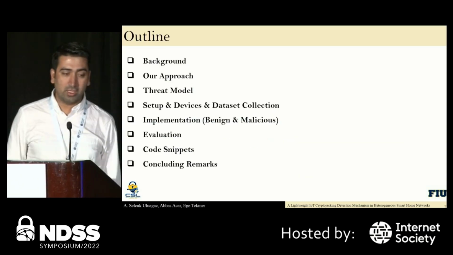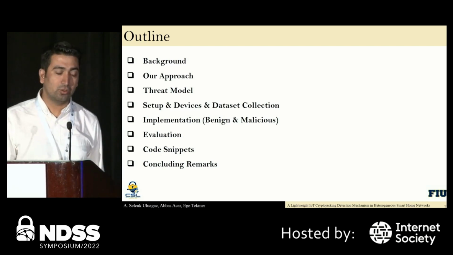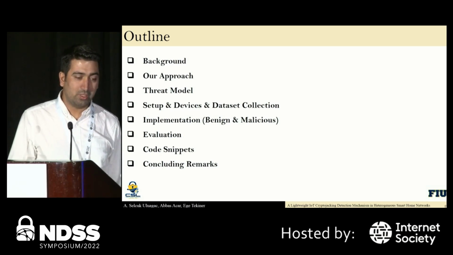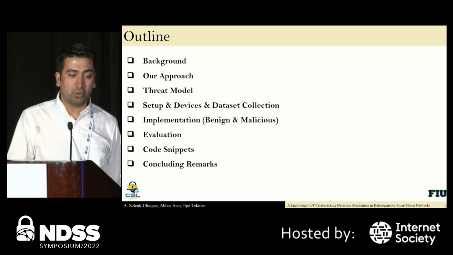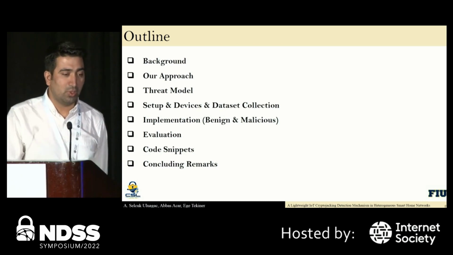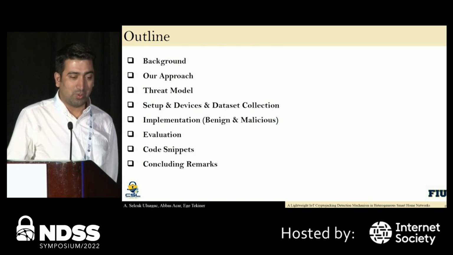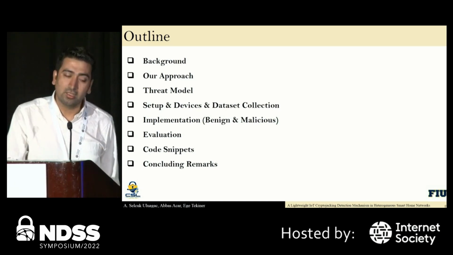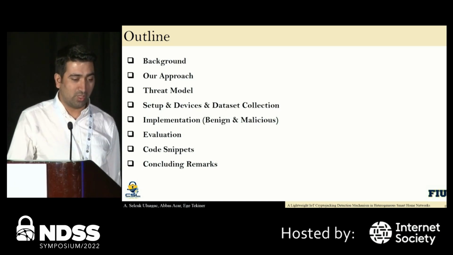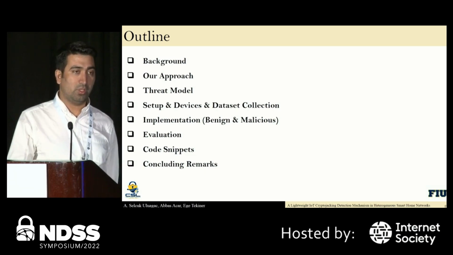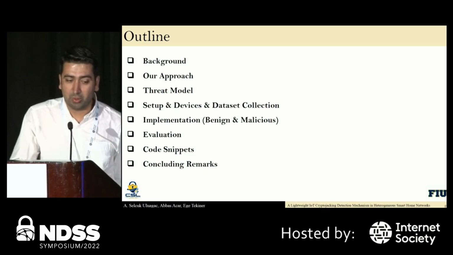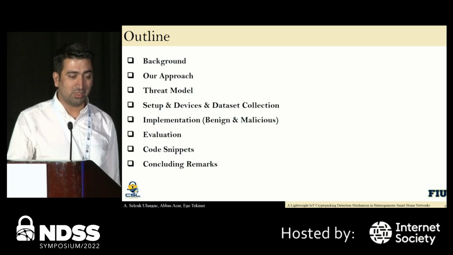This is my outline. I'm going to be starting with the background on cryptojacking malware, and then I'll be explaining IoT cryptojacking malware as well as the existing detection methods. And then I will be explaining our approach in this study. Then I will explain our threat model. Then we will go over the implementation, setup, devices, and dataset collection parts.